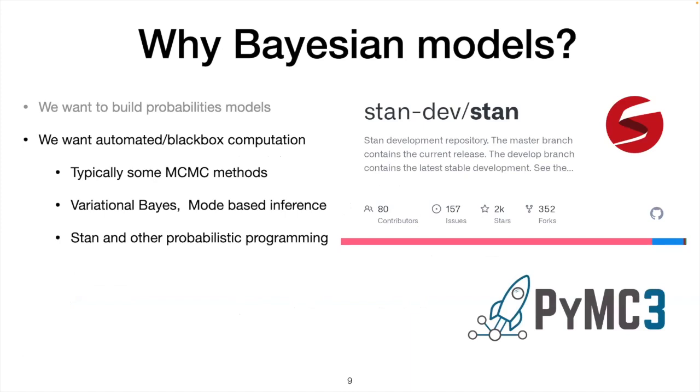And the second reason why we want to use Bayesian modeling is that we often have automated inference or computational tools in the Bayesian context. Typically, some MCMC methods, which I believe we have a class on this week. We can also use variational Bayes or mode-based inference, such as Laplace approximation or its variants.